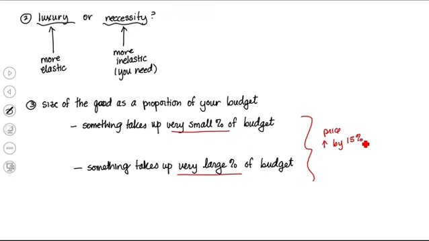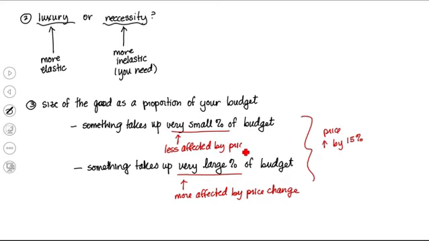If it takes up a large portion, right? So I'm going to be more affected by a price change. And if something takes up a very small percent, I'm going to be less affected by a price change.